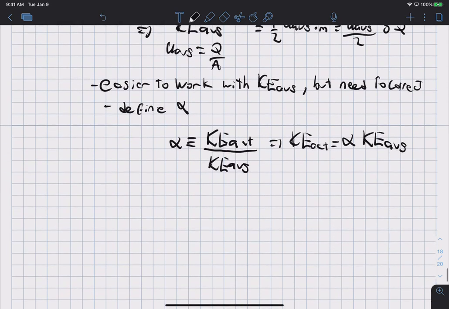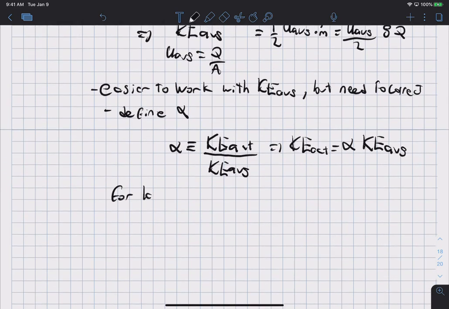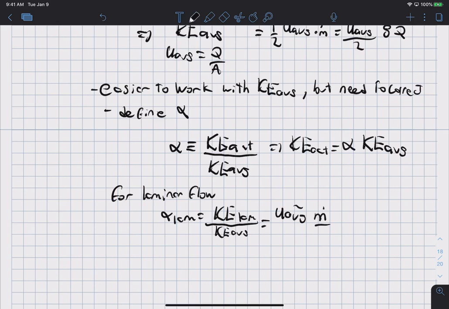Okay, and so for laminar flow, alpha lam equals Ke of the laminar flow over Ke based on the average velocity, and we just stick in our results. This equals u averaged squared times m dot over u averaged squared over 2 times m dot.